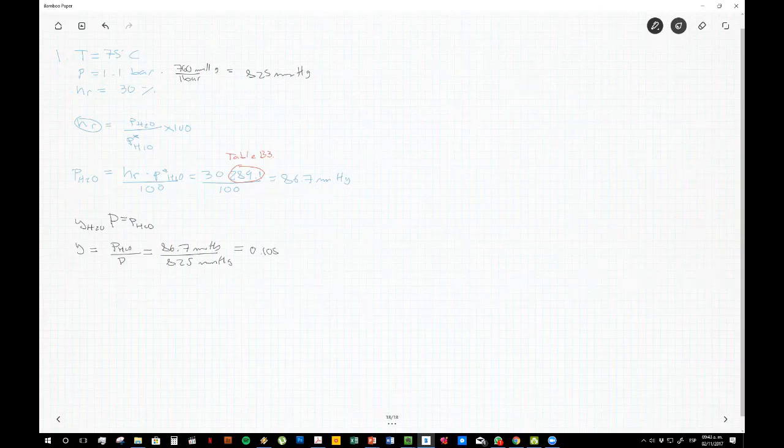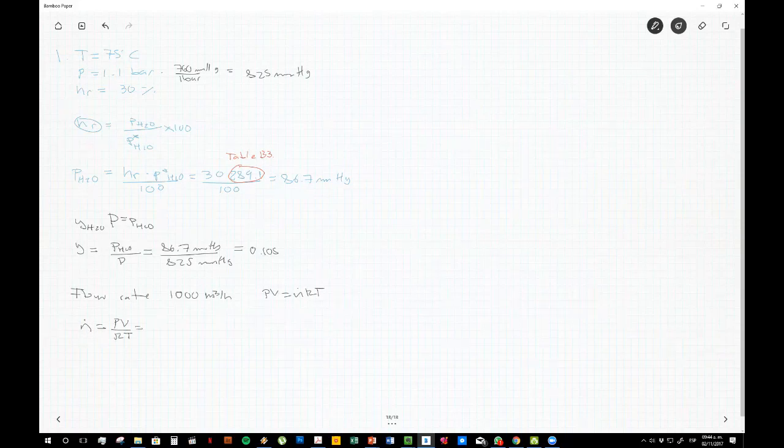Okay, so then we have to convert. It's telling us that we have a volumetric flow rate of 1,000 cubic meters per hour of this component, right? Using the ideal gas equation, we can obtain the molar flow. We have PV equals nRT, and we solve for n, so we have PV over RT.